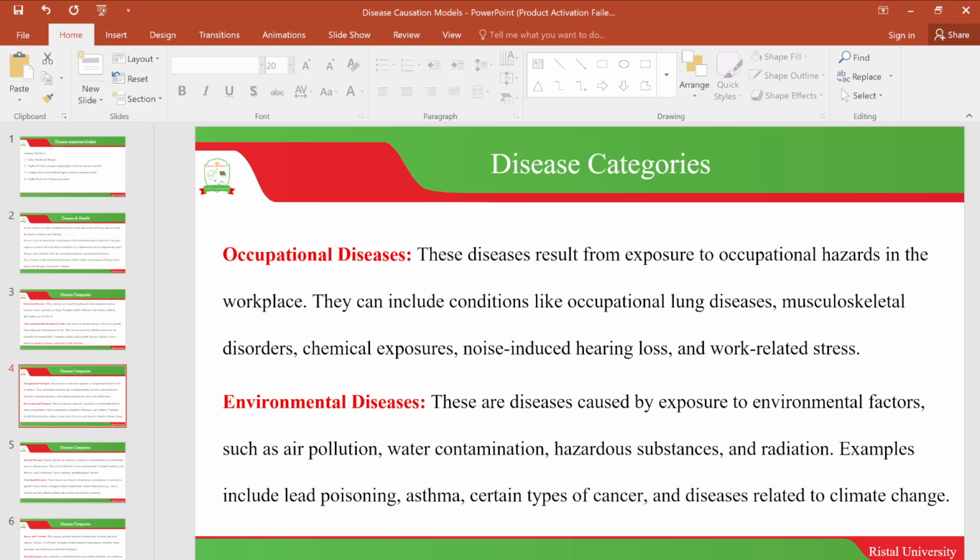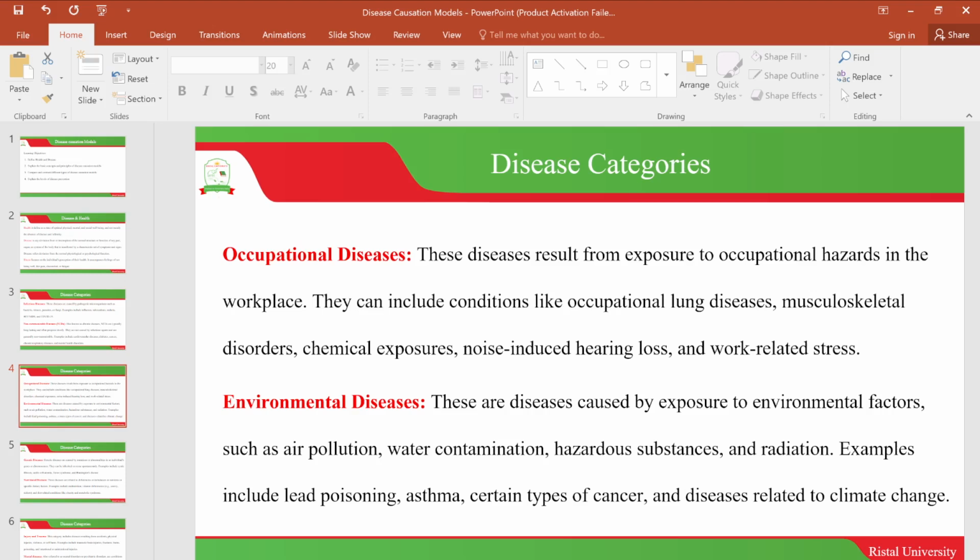If you're exposed to a lot of noise, your risk for hearing loss increases, and many other things. So all the conditions that are associated with exposures at the workplace are called occupational diseases.